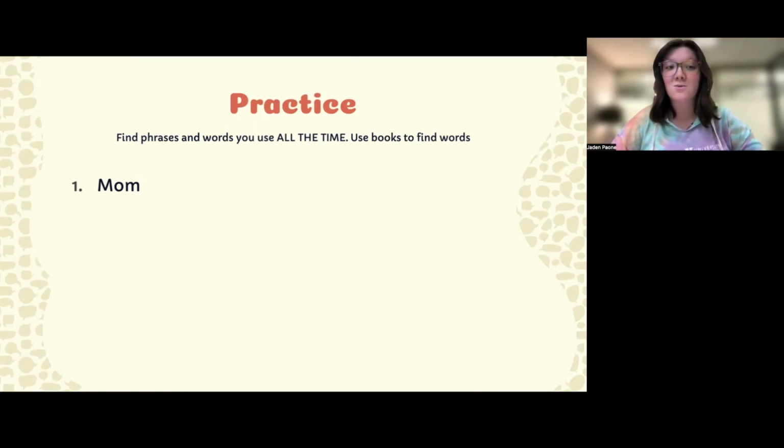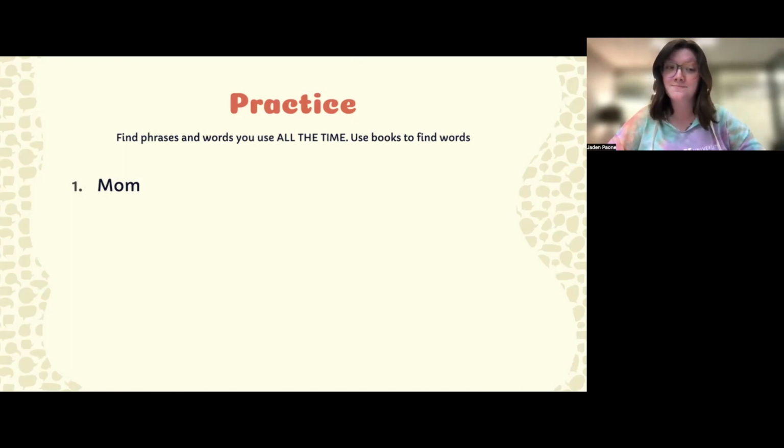So first, we're going to start with the word mom. So if you're thinking of the word mom, we're starting with the sound ma. That M and that O is together, ma, and it ends with just an M at the end.